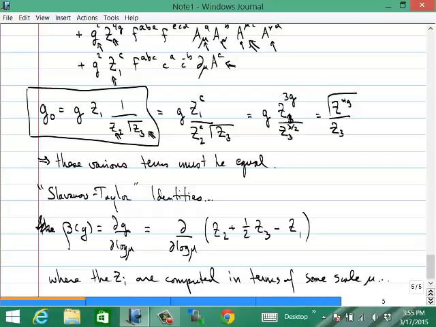The fact that the beta function can be computed from the wave function renormalization or the coupling constant renormalization is something that we've seen already, but I think it's always good to see again. And so what I'm going to do next class is start computing these objects and then assembling it all together to get the beta function.